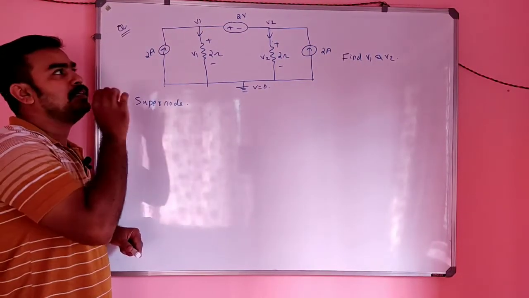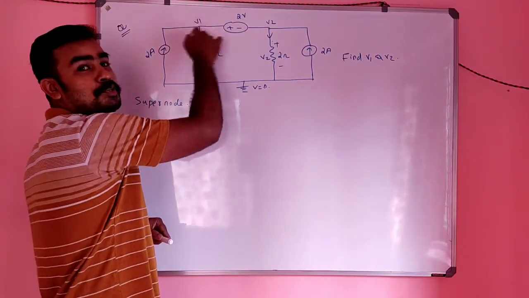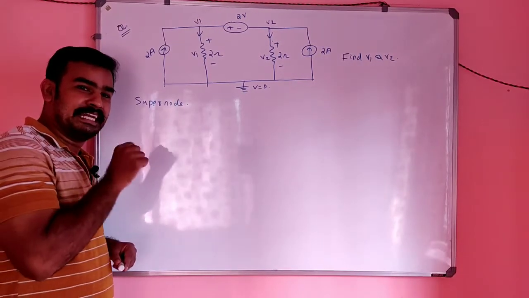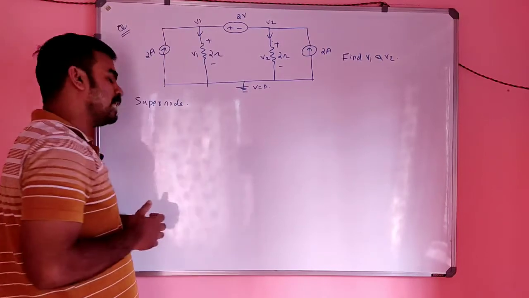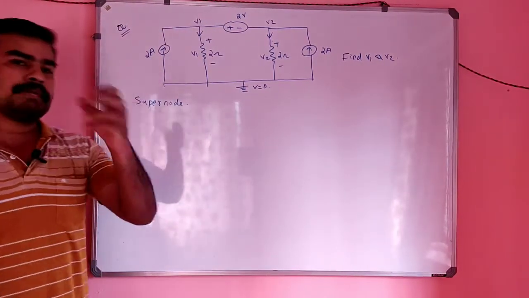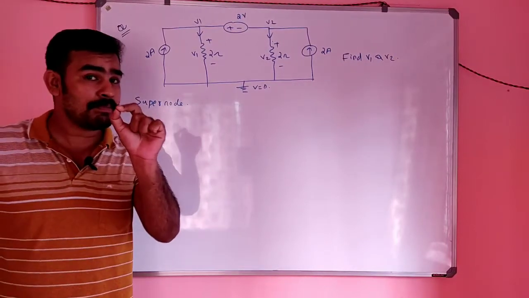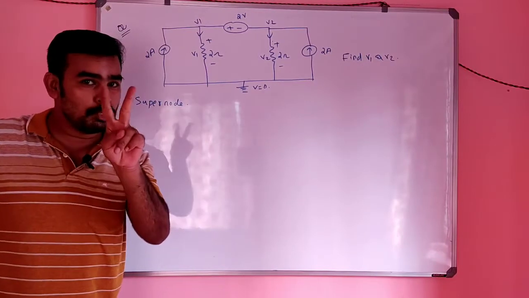The term beyond here is the voltage in between two nodes. That means the concept of supernode can be applied when you find a voltage source in between two nodes.